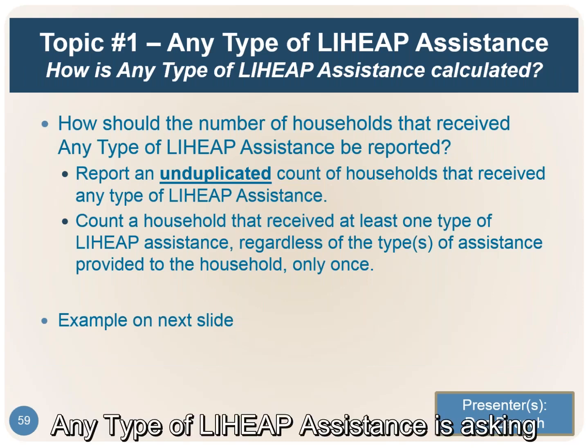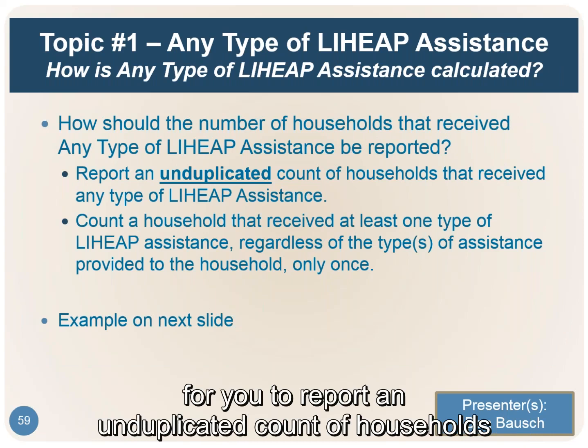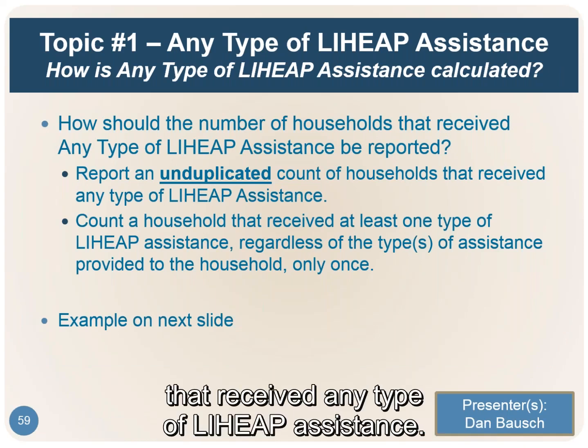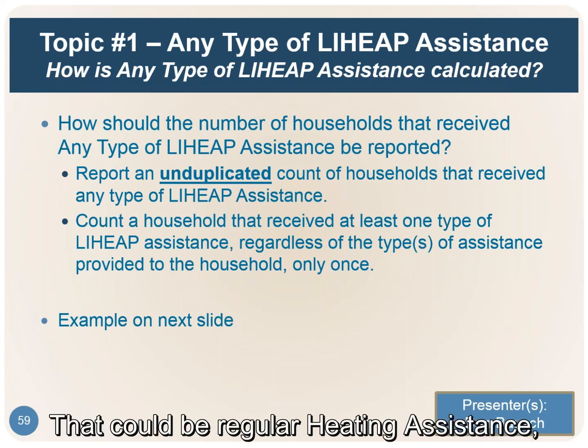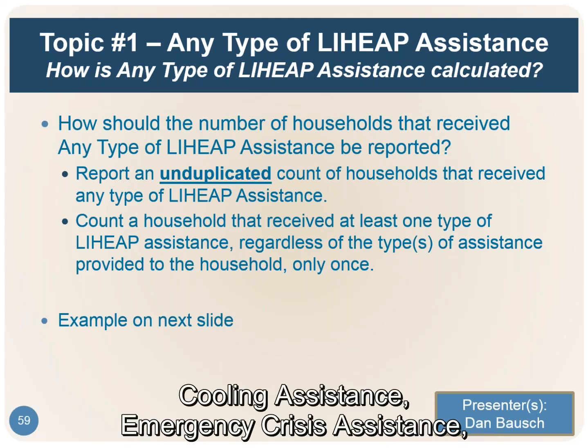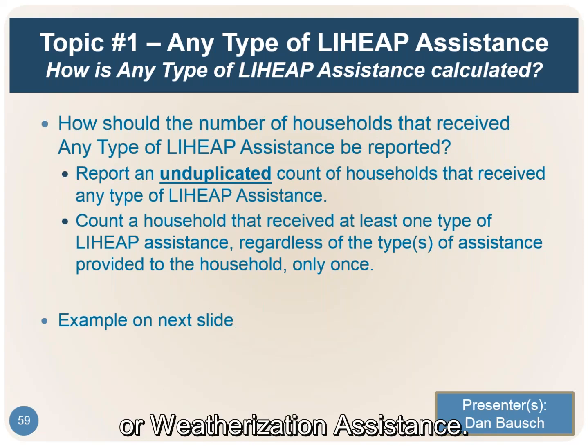Any type of LIHEAP assistance is asking for you to report an unduplicated count of households that received any type of LIHEAP assistance. That could be regular heating assistance, cooling assistance, emergency crisis assistance, or weatherization assistance.